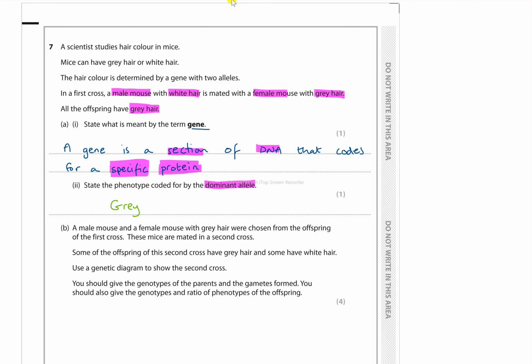This is what I was going to do here actually. So what we'll do is make some assumptions here. That is the male. He has white hair, so we'll put W, we'll put grey.